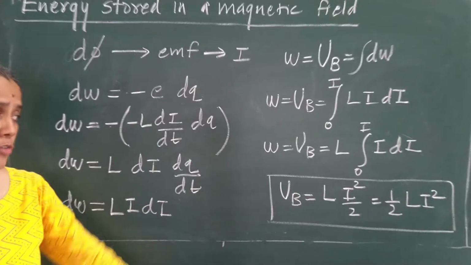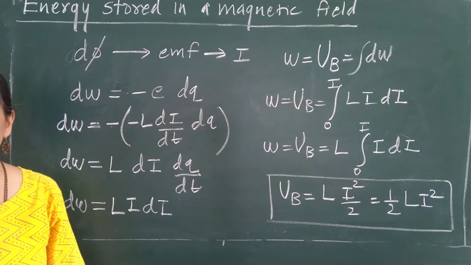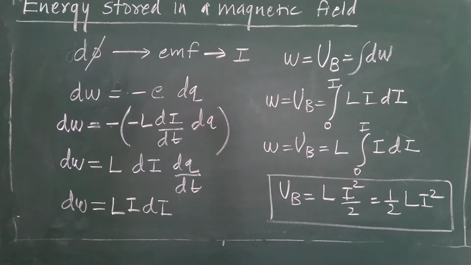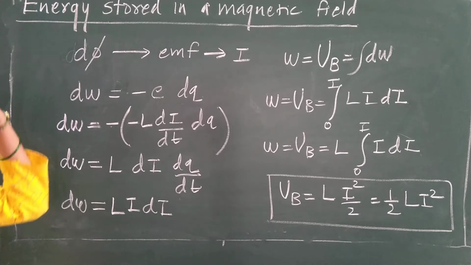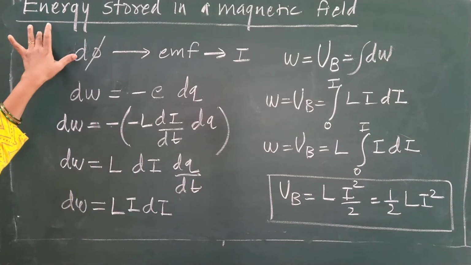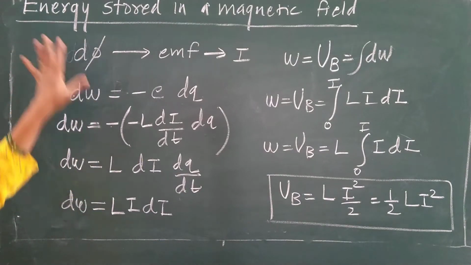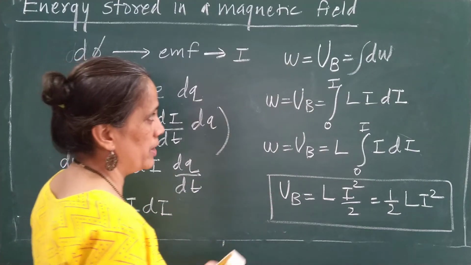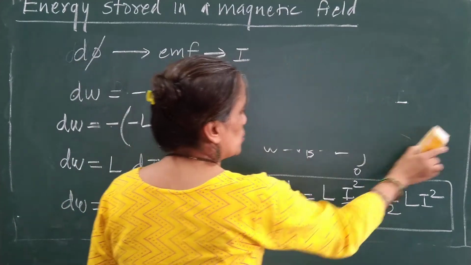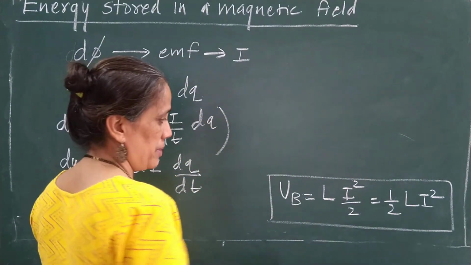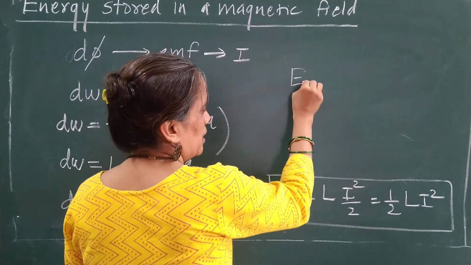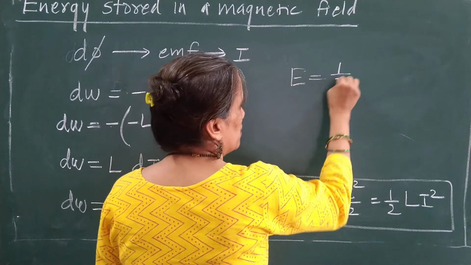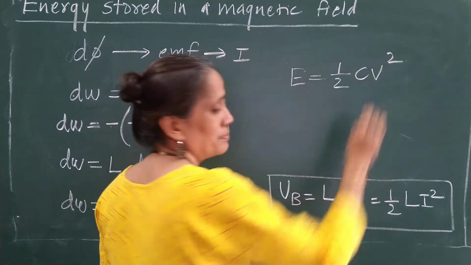Clear? Now from this magnetic energy, we are going to switch over to the magnetic energy density. Right? Now if you remember, in electrostatics we have seen the formula for energy stored in a capacitor, that energy stored in the capacitor is equal to nothing but half CV square.